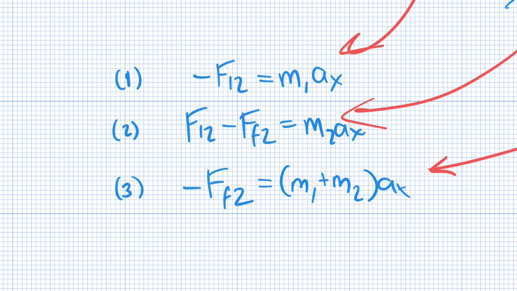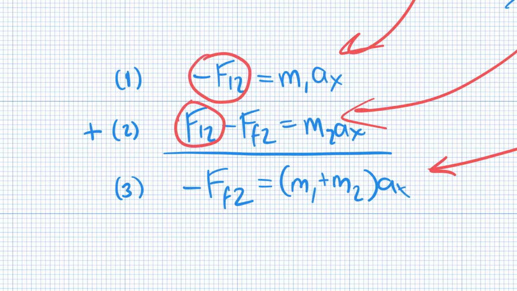Now, hopefully this makes a little bit of logical sense to you, but I'm trying to get at whether or not these are independent, so look at what happens if I add these equations. If I add equation 1 to equation 2, please note that I've got a negative f12 and a positive f12, and so those cancel each other, and I'm left with negative f sub f2.